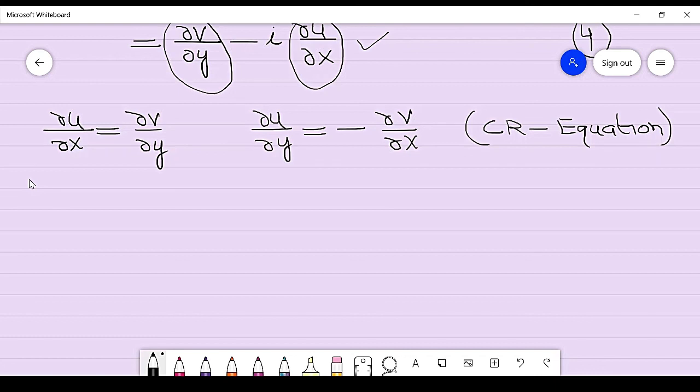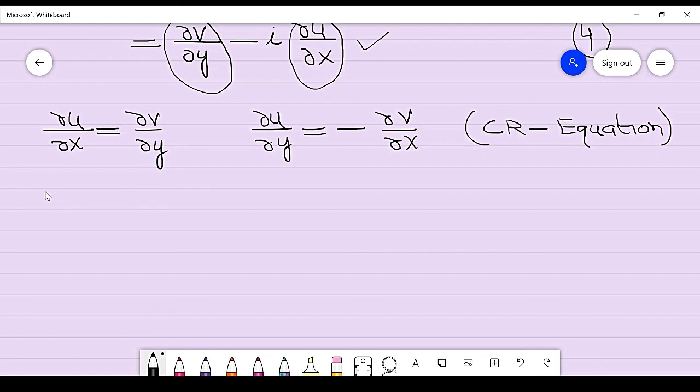But for the converse there is some additional condition needed to prove it, which we will discuss in the next lecture. So just remember differentiability, analytic function, and that a necessary condition of an analytic function is that it satisfies the Cauchy-Riemann condition.